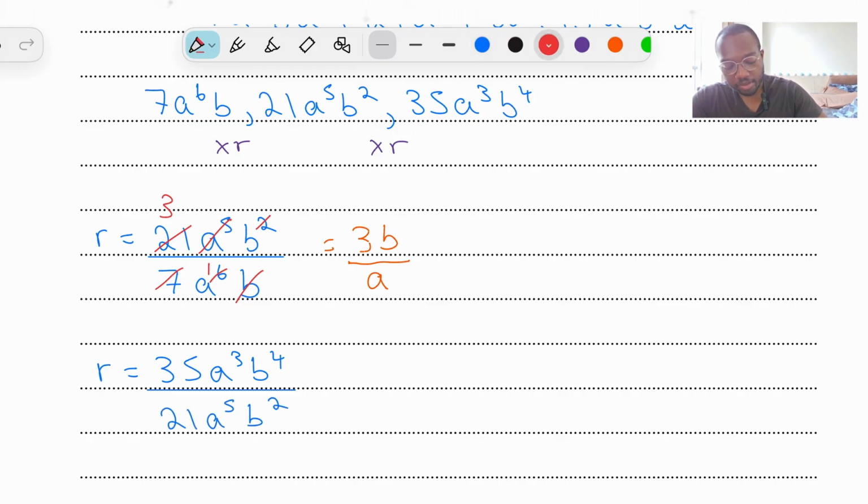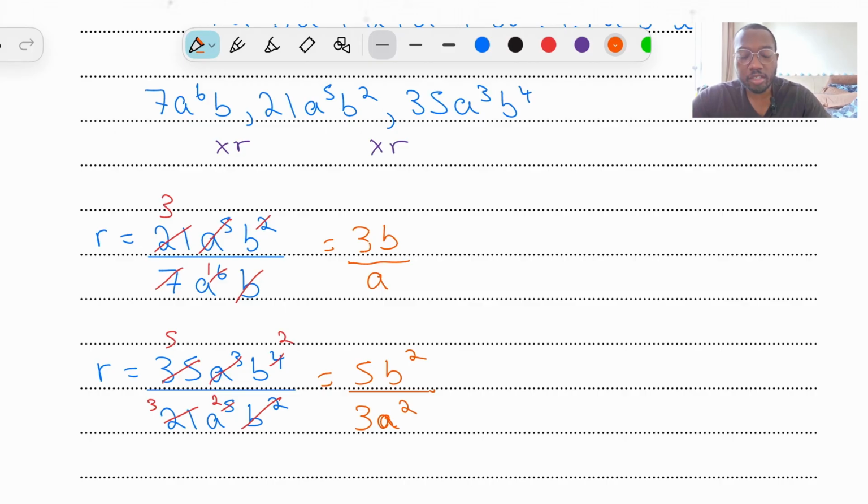And again, let's just simplify this down a bit. So both these go into 7, so this would be a 5, this would be a 3. All of this goes, left with a 2 here, and all of this goes, and we're left with a 2 here. So therefore, this one would equal 5b squared divided by 3a squared. So we've got r is equal to 5b squared over 3a squared.